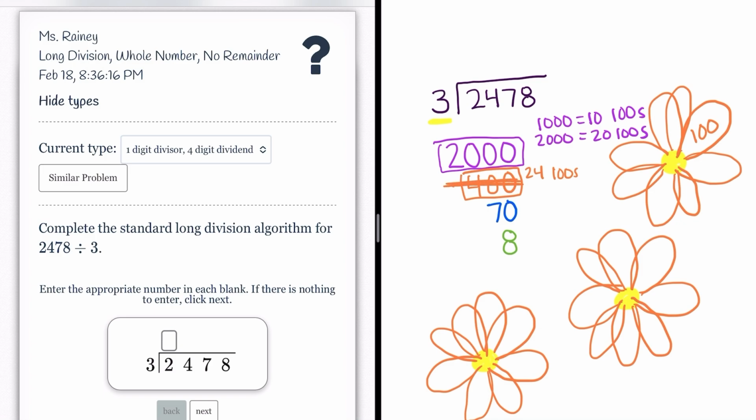So I've taken care of my 400, and I've also taken care of my 2,000.